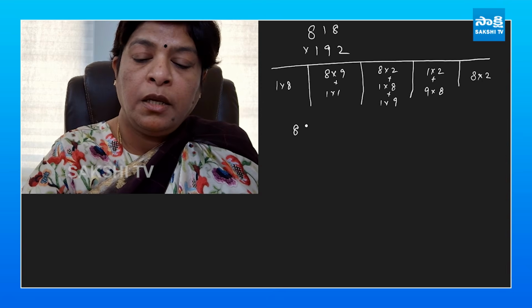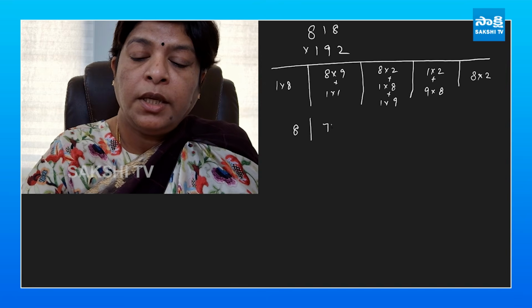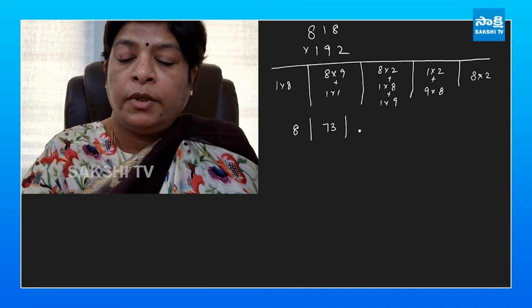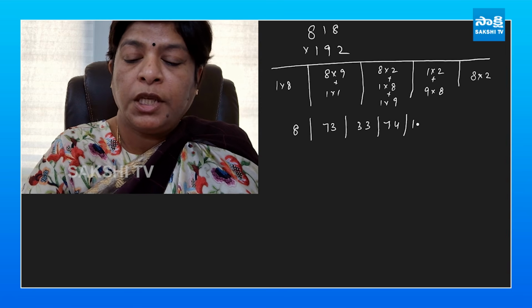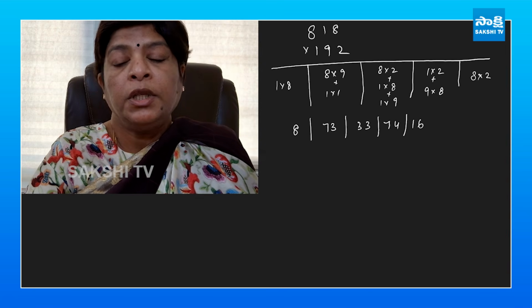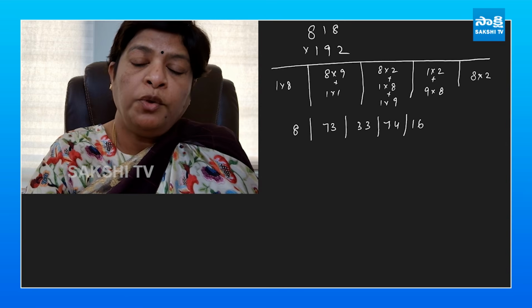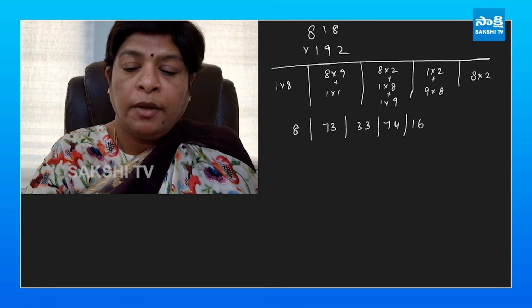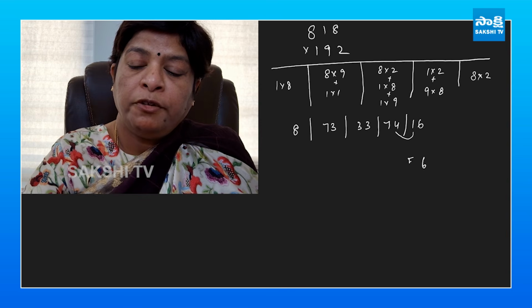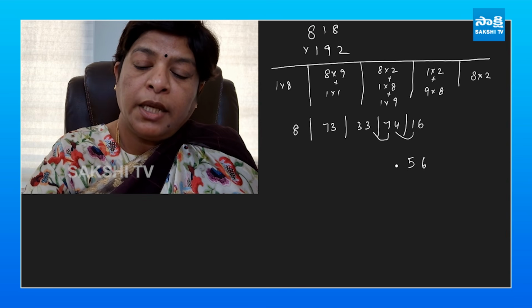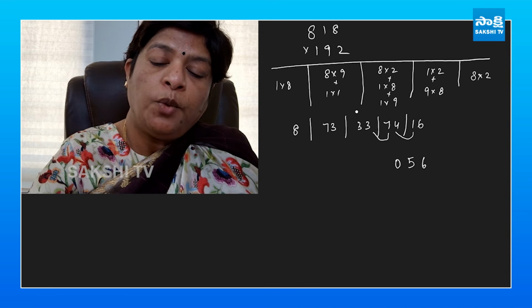So this is 8, 9, 73, 33, 74 followed by 16. Since we have more than a single digit in one place value, we are going to apply the balancing technique. So drop 6, add 1 plus 4, which is a 5, 7 plus 3 is a 10, so drop 0, add 1.